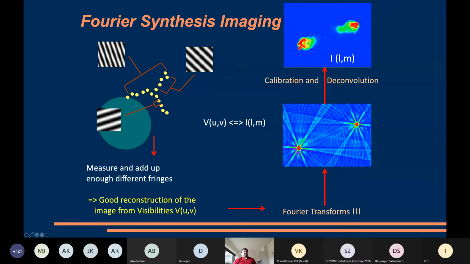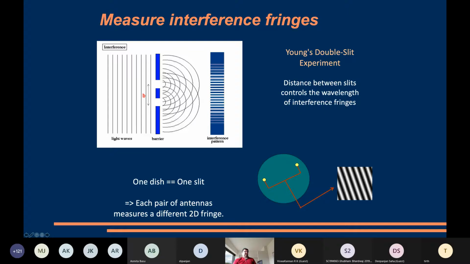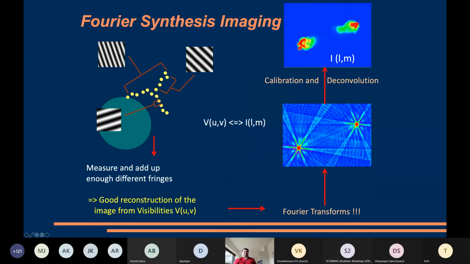And when that is superposed, you get a pattern like this for the sky. So you're looking at something like this, which is a classic FR2 radio galaxy, and this is what you reconstruct with this interferometer.